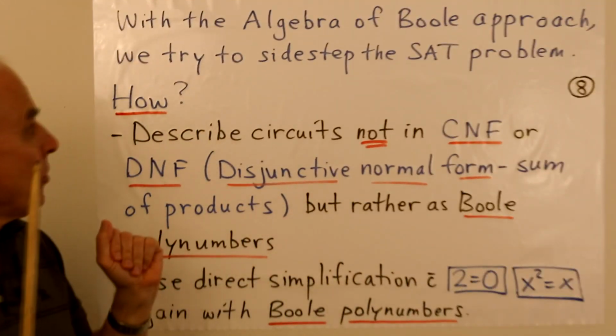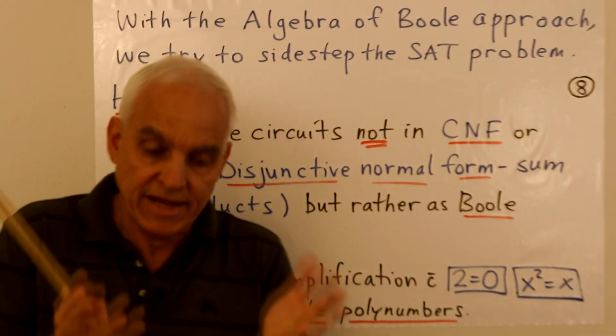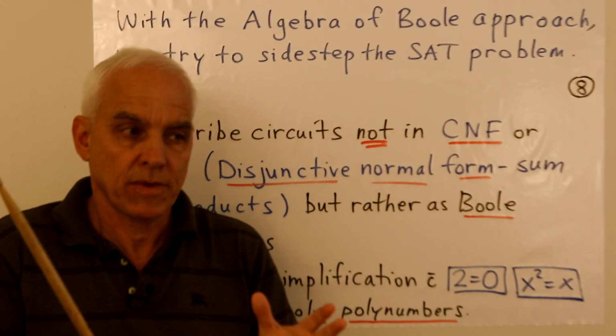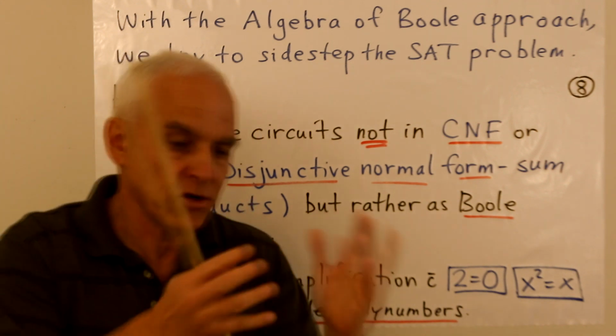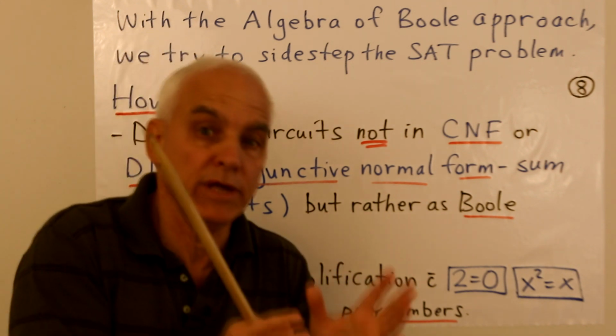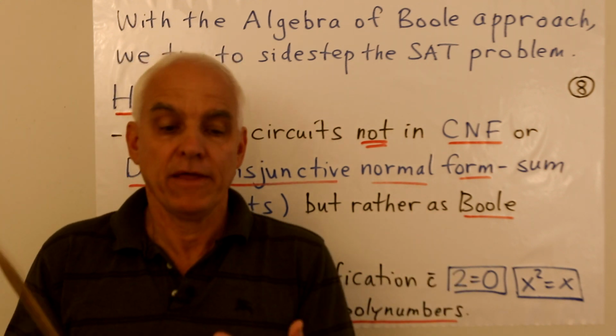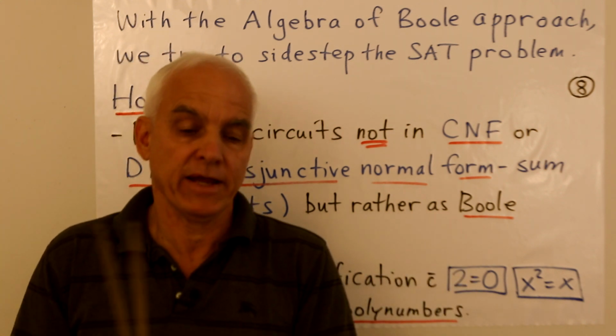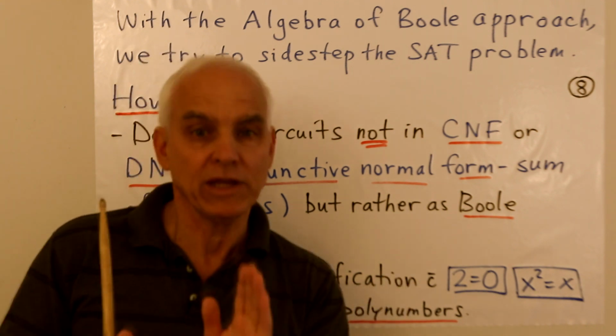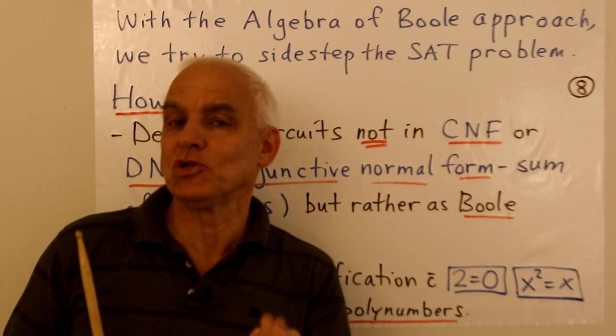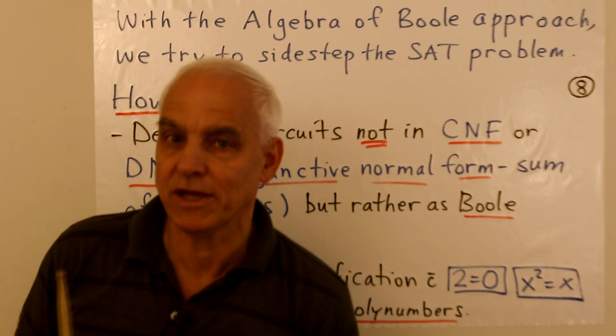Okay, so we've talked about what the SAT problem is and how to take a standard SAT problem expressed in the Boolean algebra framework and convert it to an algebra of Boole expression, thereby hopefully simplifying analysis. But what we really want to do is to adopt an algebra of Boole point of view right from the beginning.